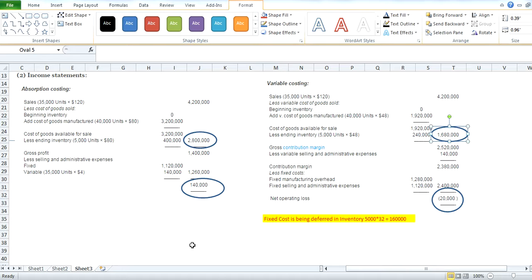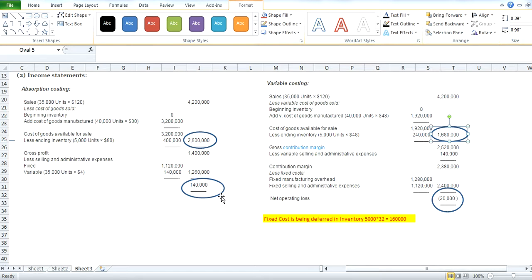Hopefully now that we've walked through a bit of an example, these elements make a little bit more sense. Again, cost accounting is such a huge topic in itself, and there are so many different elements. As an introduction, this is just for you to get an idea of what the basics are when we look at absorption costing and variable costing, what the differences are, and how it impacts the financial statements.